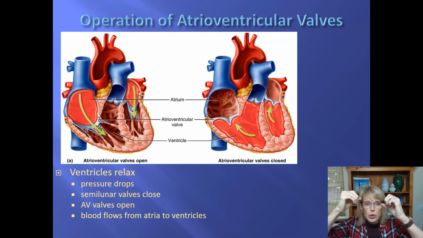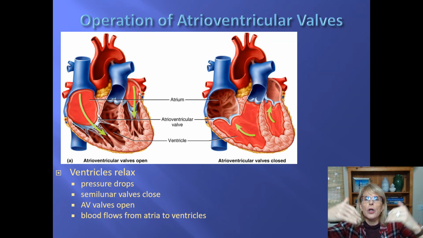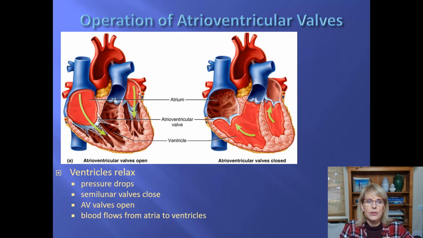When that chamber contracts, it's putting the blood under pressure, and when the blood's under pressure, it pushes open those valves. Remember, the valves are kind of just like double doors, swinging doors that the blood will push open.